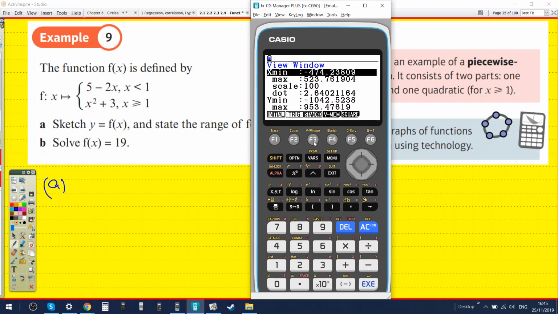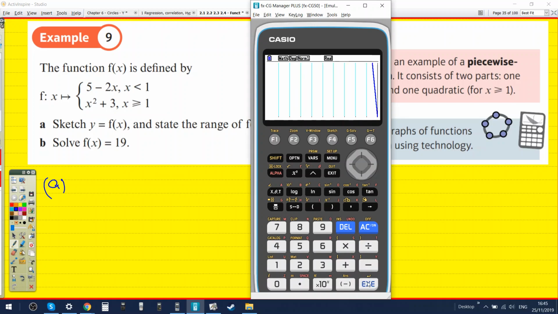I'll try go back to that. So the x minimum is minus 999, and then x maximum is 1. When x is 1, that's 5. Oh, that's just, nah, that's more complicated.